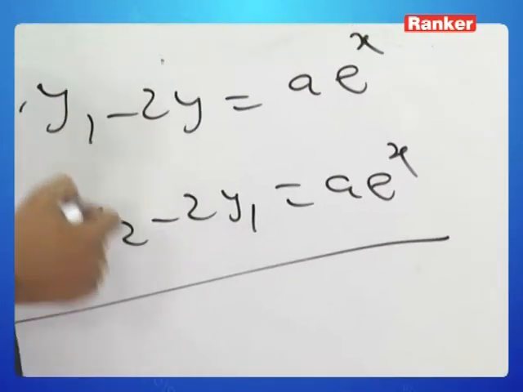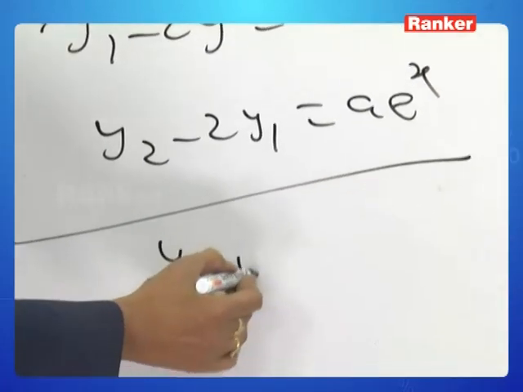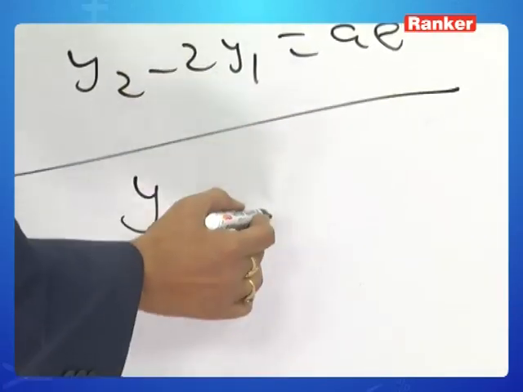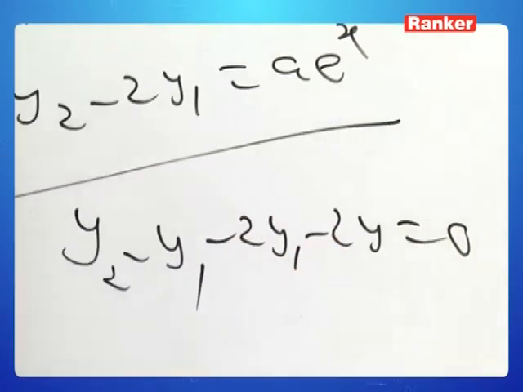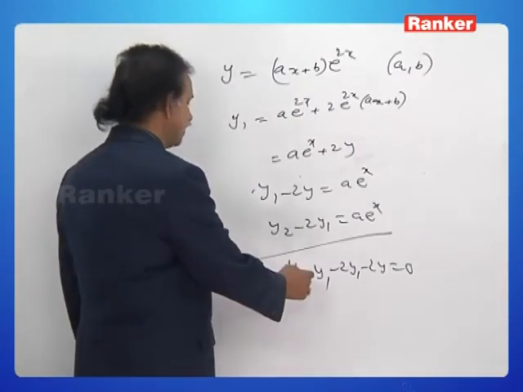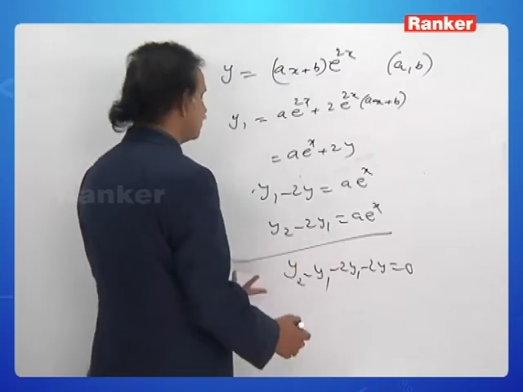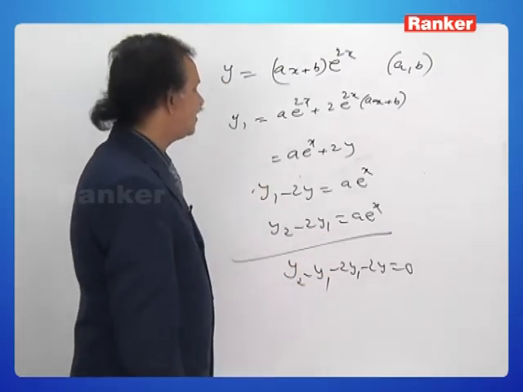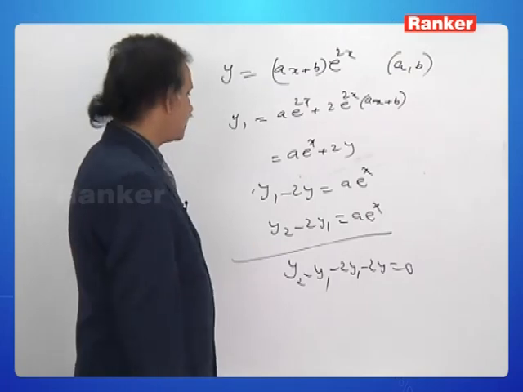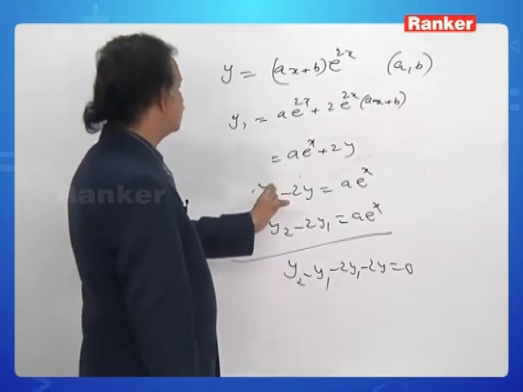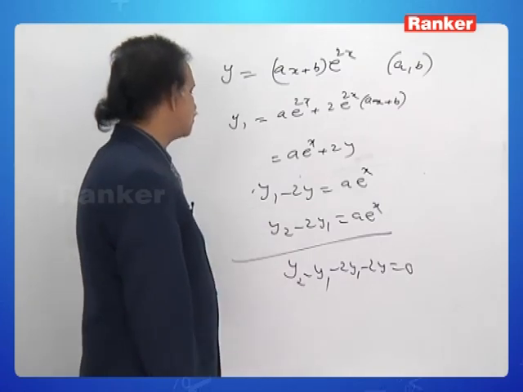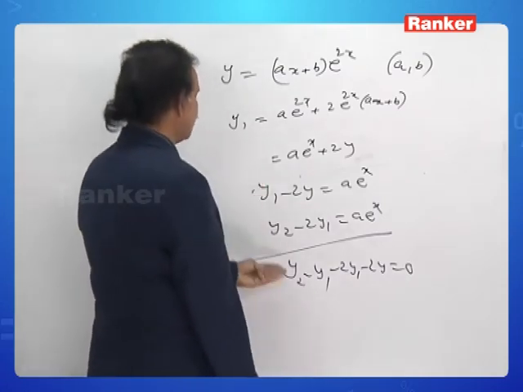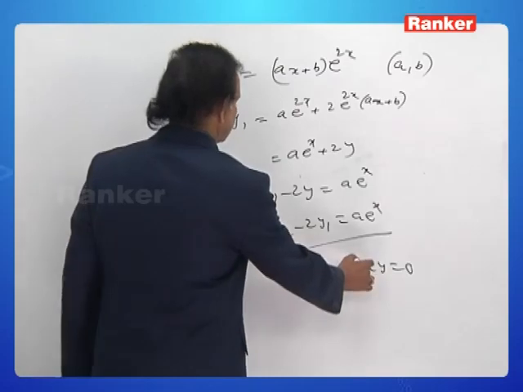Subtract this from this. y2 minus 2y1 minus y1 plus 2y is equal to 0, isn't it? The same thing you could have had in the previous case also, isn't it? y2 minus 4y1 plus 4y is equal to 0.